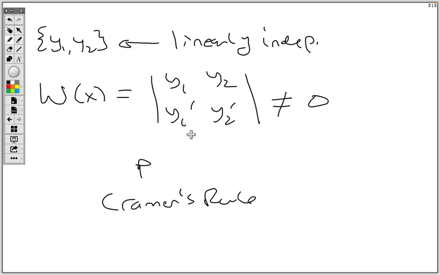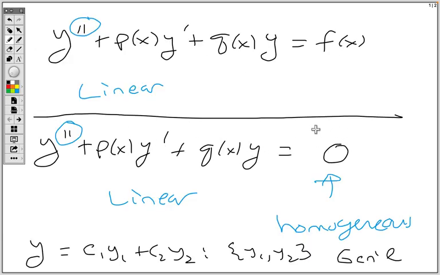We had an existence and uniqueness theorem that if we tacked on initial conditions to such a thing, as long as the p and the q were continuous, and we had some initial conditions, I think we called them k's for some reason.